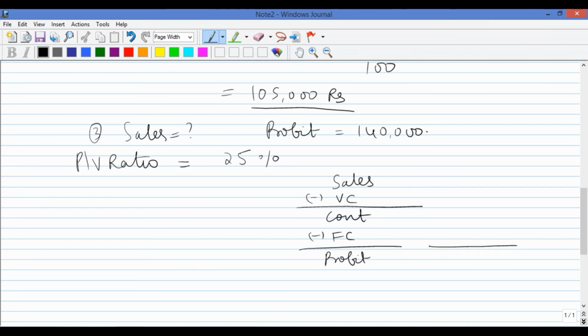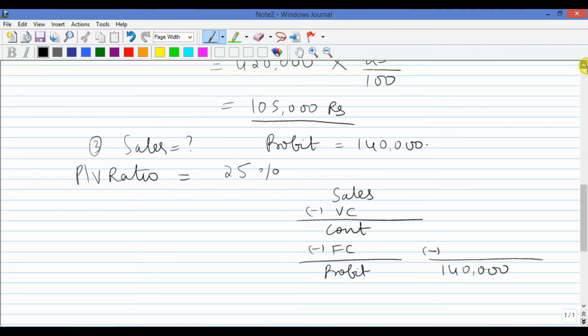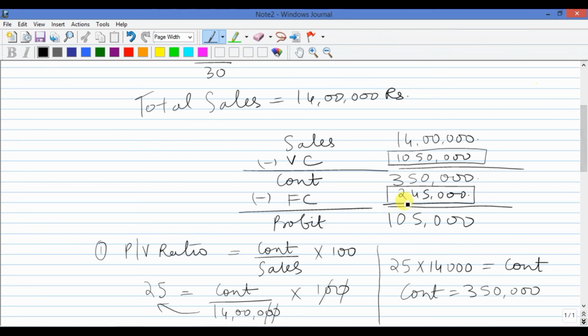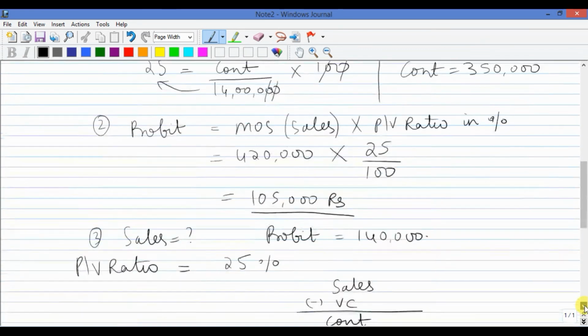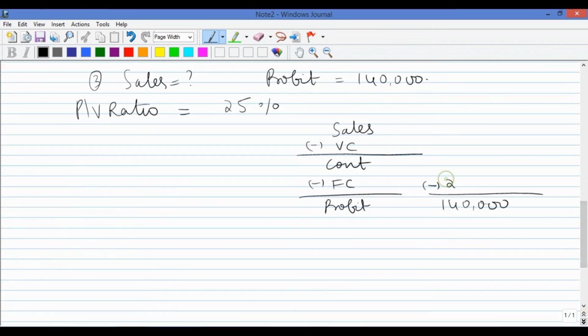I'm aware of the profit, which is 1 lakh 40, and I also know the fixed cost, which is 2 lakh 45,000. Now I'll do a backward calculation. So minus, I'll give a plus effect. So 1 lakh 40 plus 2 lakh 45 is going to give me 3 lakh 85,000 as the contribution.